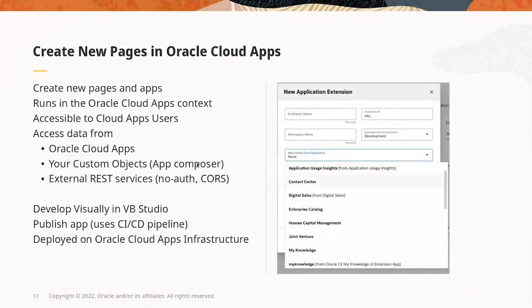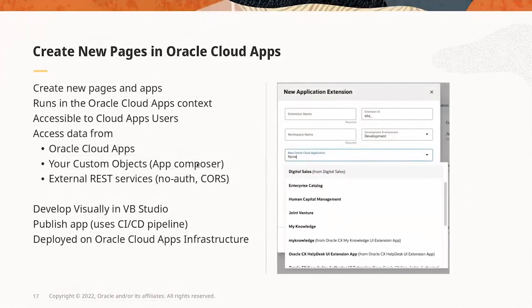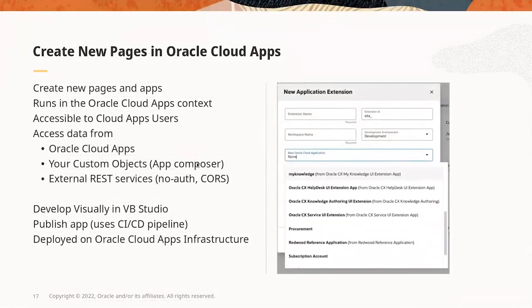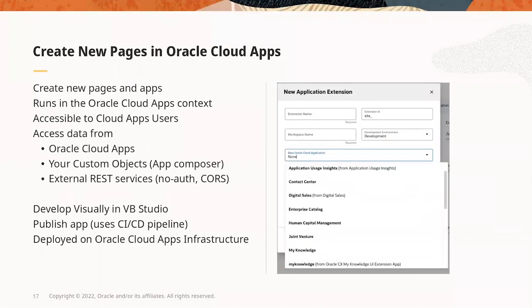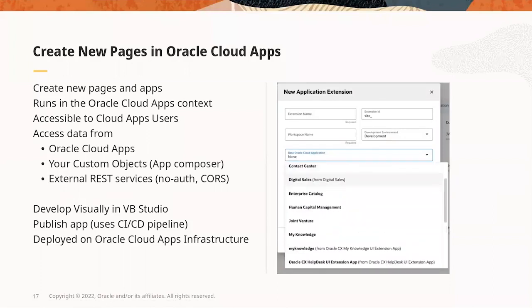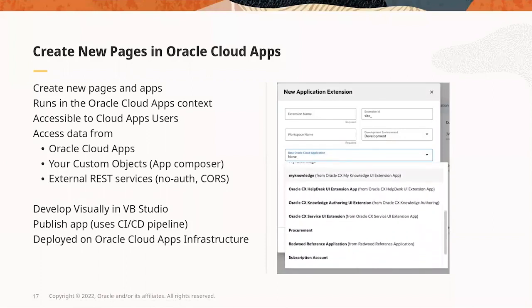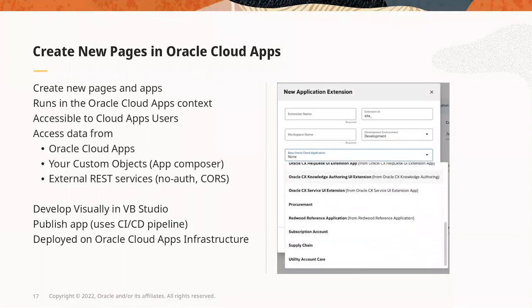All right, so the next demo that I'm going to do is we're going to be creating what we call an app UI extension. This is going to be a new application that can have multiple pages or just one page if you'd like. It can access most of the Oracle SaaS data through an included catalog that I'll show you.